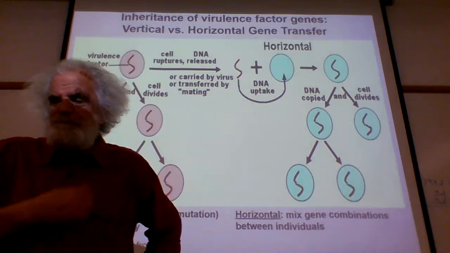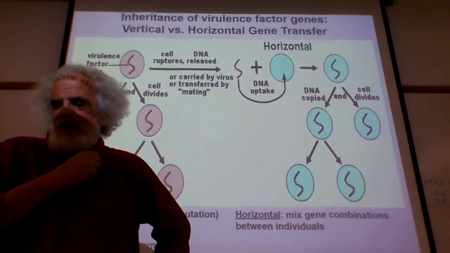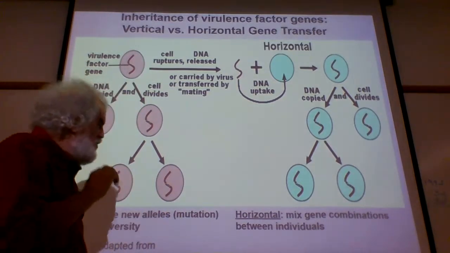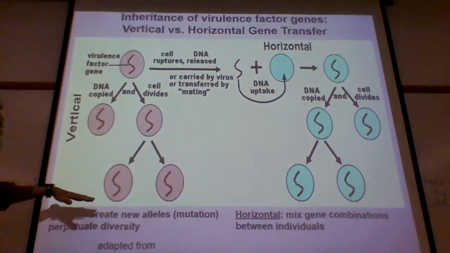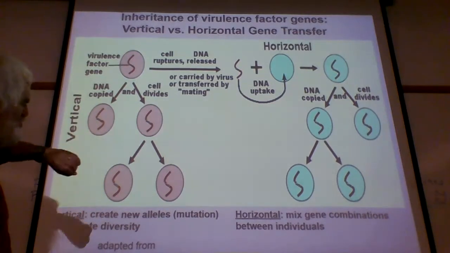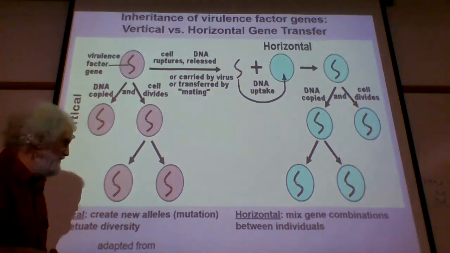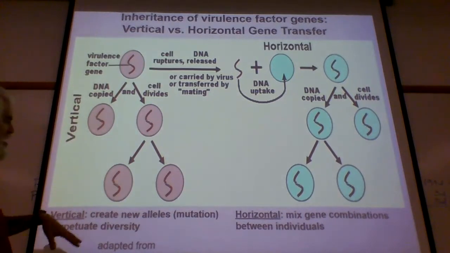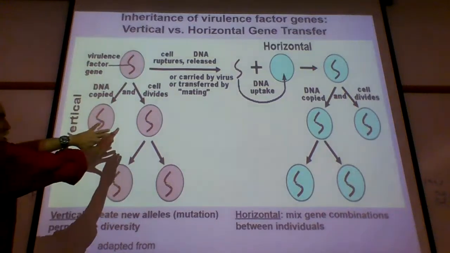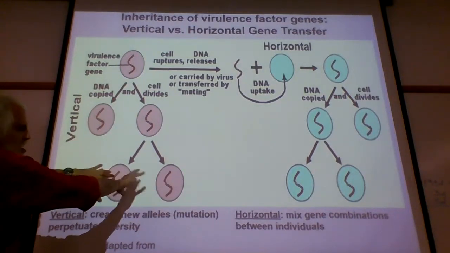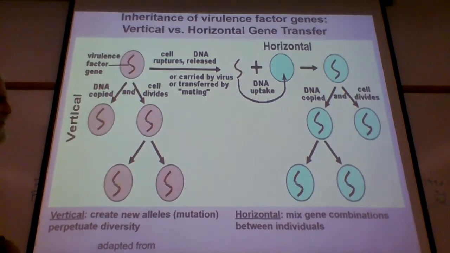So, if we think about this, when we're talking about vertical transmission, we can create new alleles or mutations, that is, new forms of a gene, and they will be carried out in perpetuity to all the individuals.